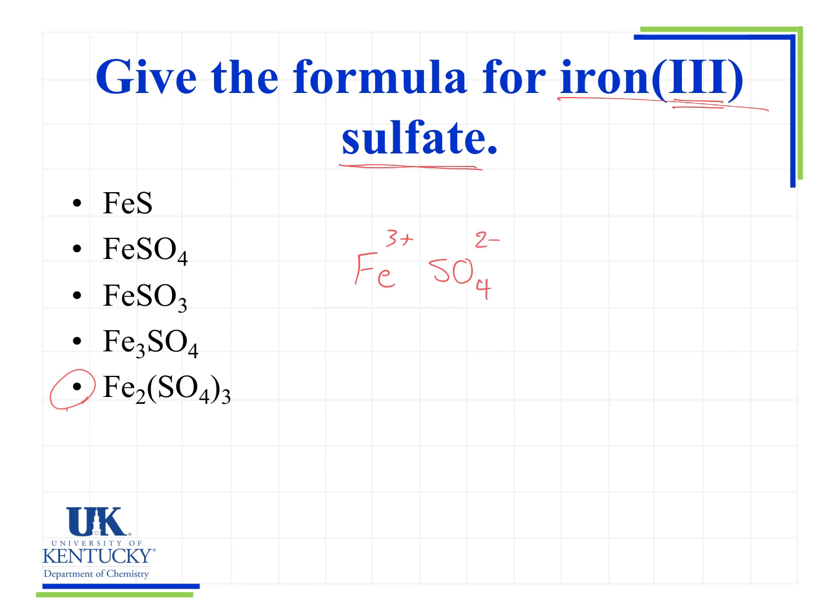Okay, that's sulfate. So if we do our crisscross, this goes there, this goes there, so Fe2. And with a polyatomic ion, you have to put it in parentheses because the number goes for the whole thing. So SO4 3 times, so that's the formula for iron 3 sulfate.